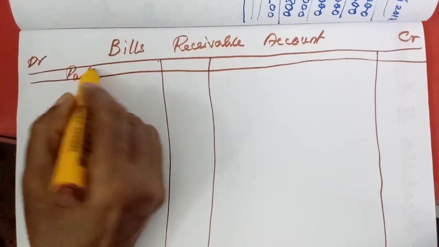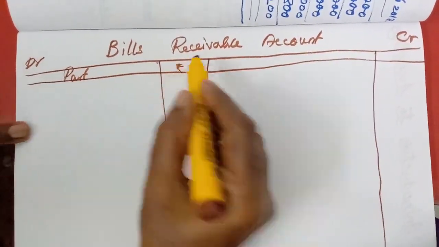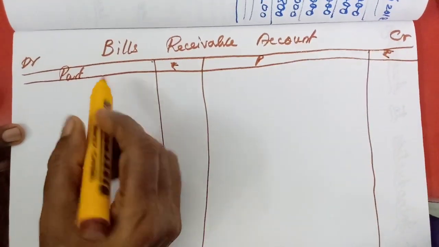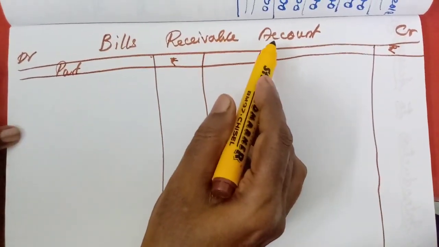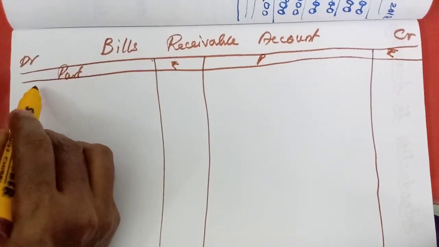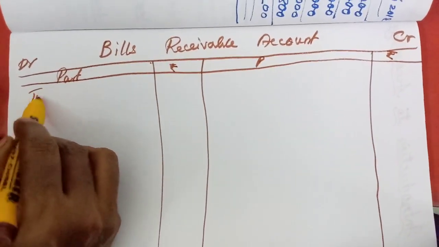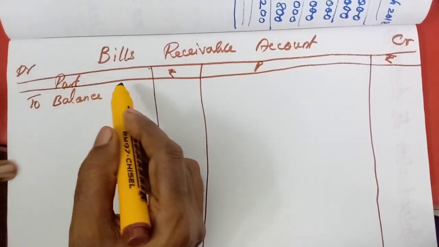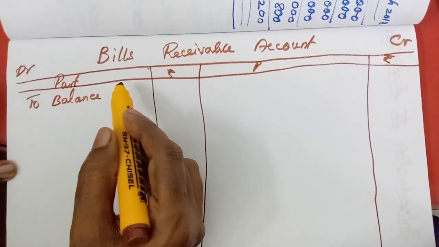Particulars, everything you have to write. Rupees symbol, particulars, rupees symbol. First, bills receivable account always shows a debit balance. So the first one, to balance brought down. Don't write there debtors on 1st April 2017.